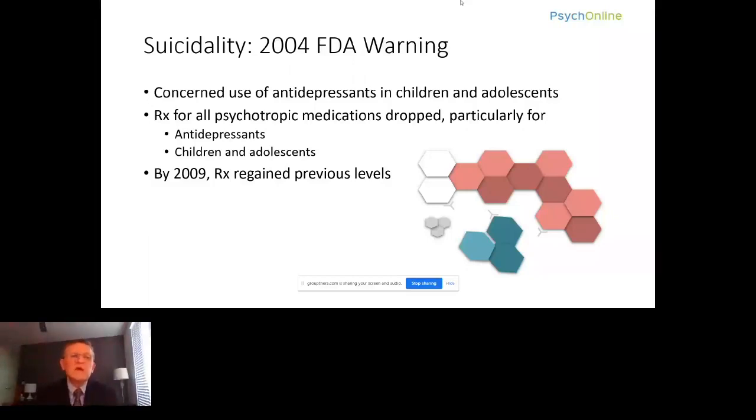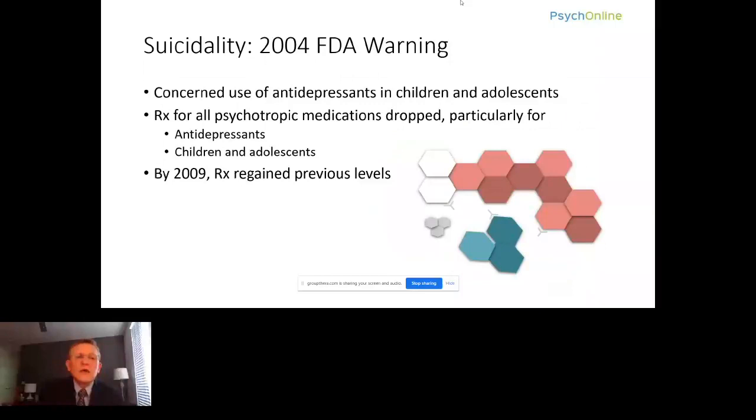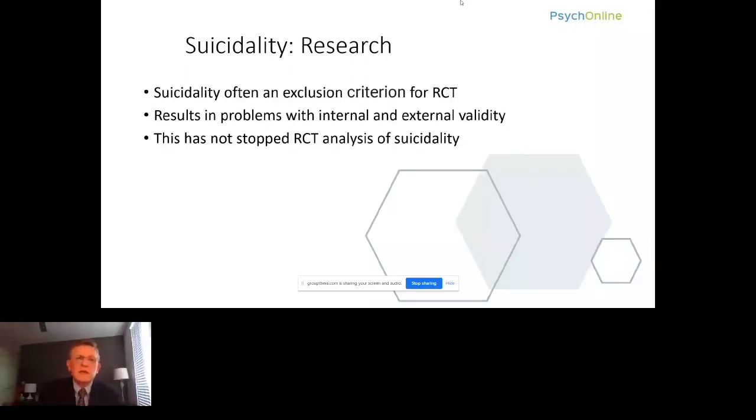It's interesting, though, that by 2009, when we still had 125 prescription black box warnings, the prescriptions for all psychotropic medications, though, had gone back up to the previous levels. Obviously, the need was apparent.